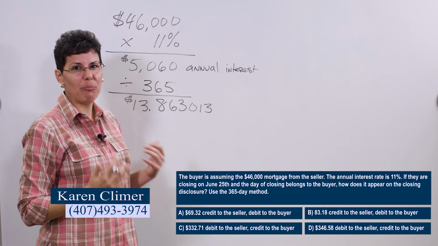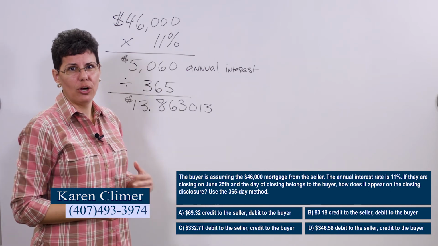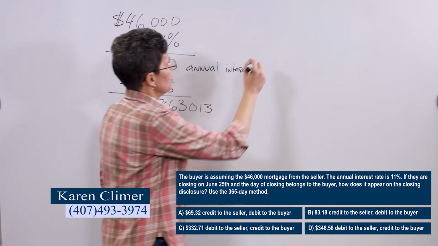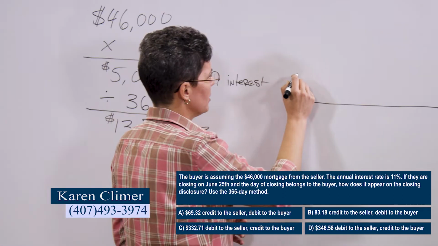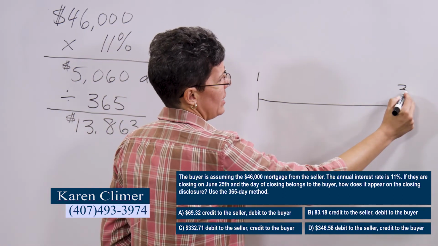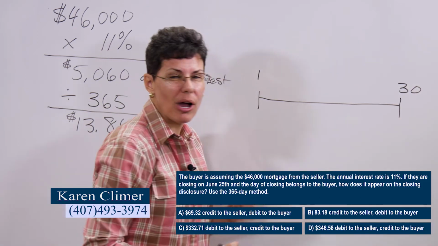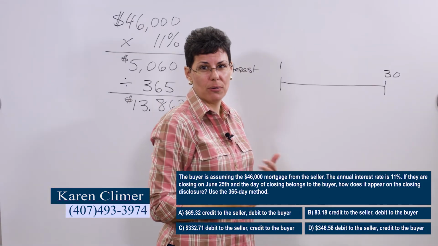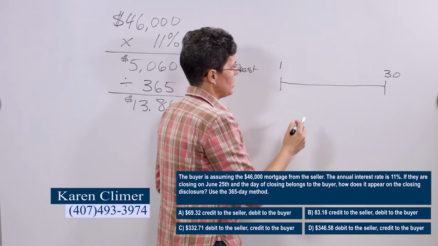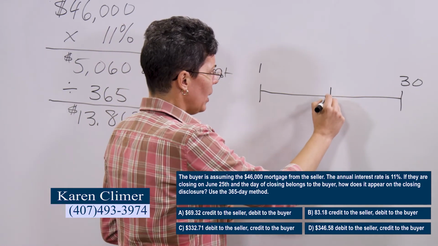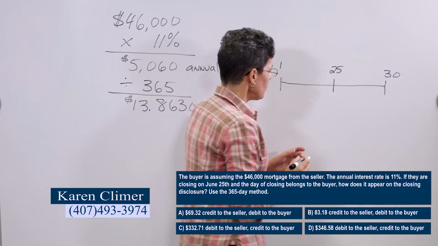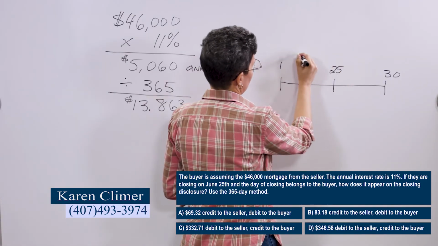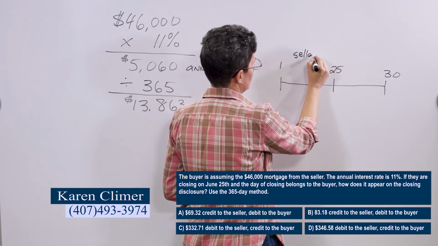Then we need to figure out how many days the seller owes. If we take June, this is June 1st, there are 30 days in June. You need to know how many days are in each month. There are 30 days in June, and we're closing on the 25th. The first part of the month belongs to the seller.